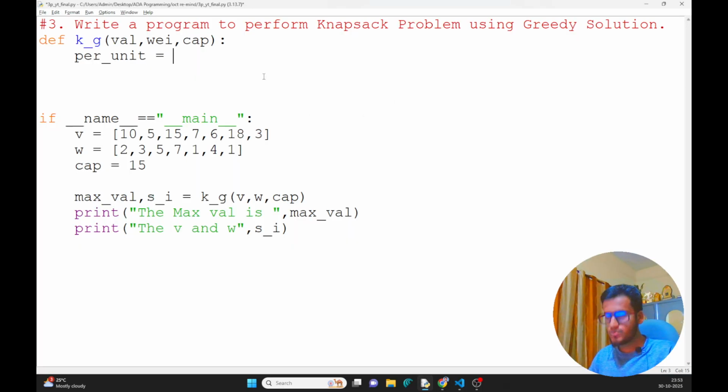So you will be writing like this: profit, for profit we are taking the v divided by w, for v, comma, w in zip.